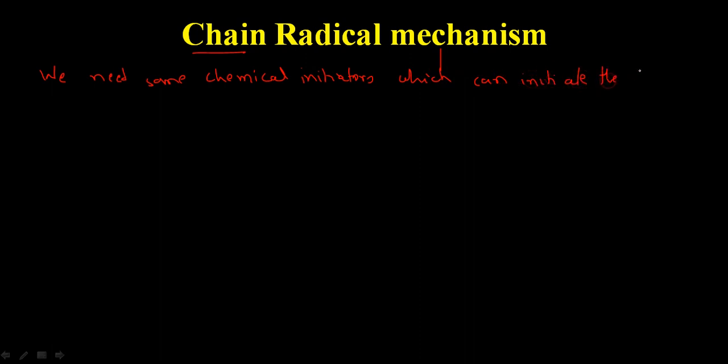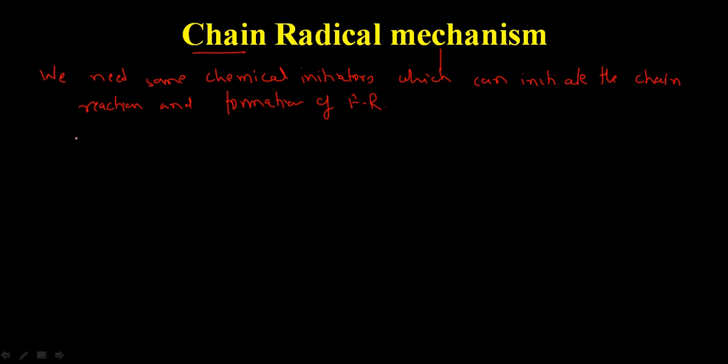The most important difference between chain and non-chain radical mechanism is that in non-chain mechanism we were not requiring any type of initiator, but in chain radical mechanism we need some chemical initiators which can initiate the chain reaction and formation of free radicals. A number of chain initiators are used.